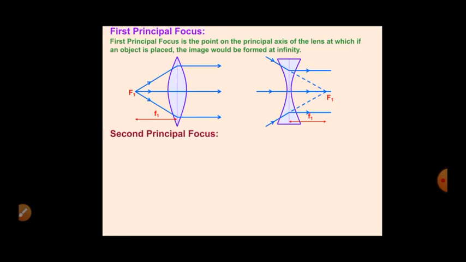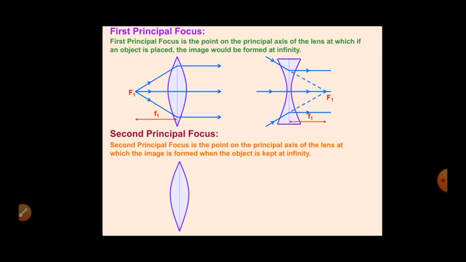Now the second principal focus, which we use generally. The second principal focus is the point on the principal axis of the lens at which the image is formed when the object is kept at infinity. Obviously, for an object at infinity, the rays that come will be parallel rays.